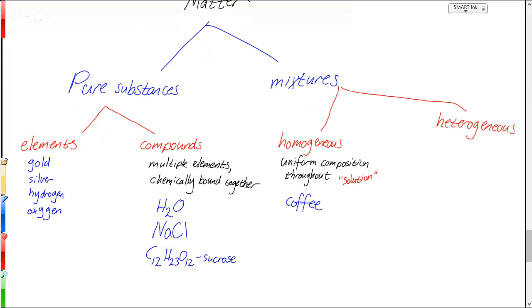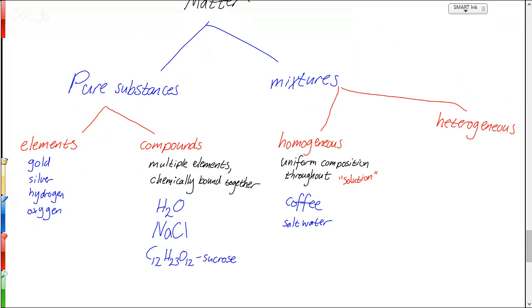Something like salt dissolved in water, salt water. Salt water is a pretty simple mixture between salt, or sodium chloride, and water, but again, it looks uniform throughout. If it's dissolved, you can't find the salt and the water in separate places. So it's a homogeneous mixture. You can have homogeneous mixtures of not just liquids and solids too, like air is a homogeneous mixture.